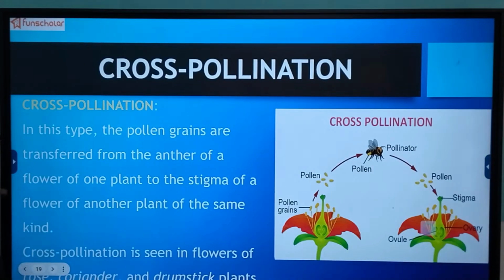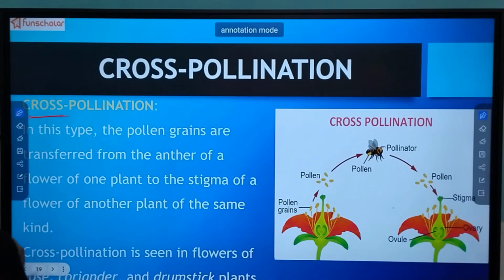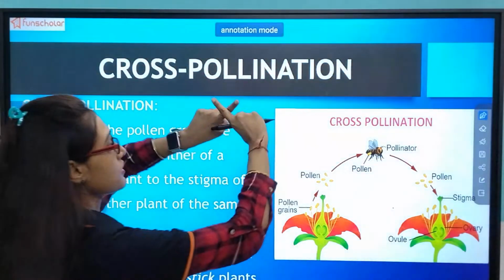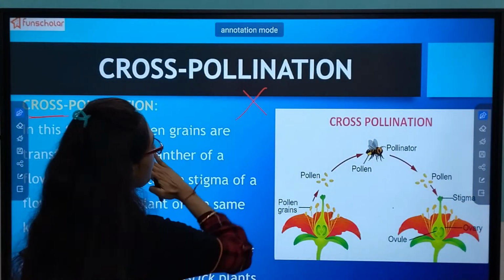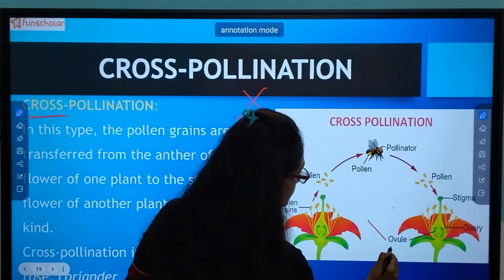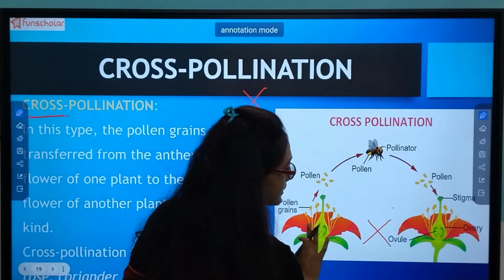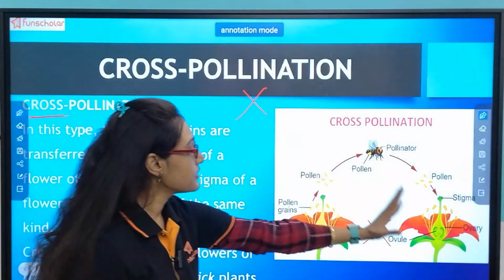So, self-pollination is done. Now, cross. Cross means obviously this sign. Cross means between two other flowers.